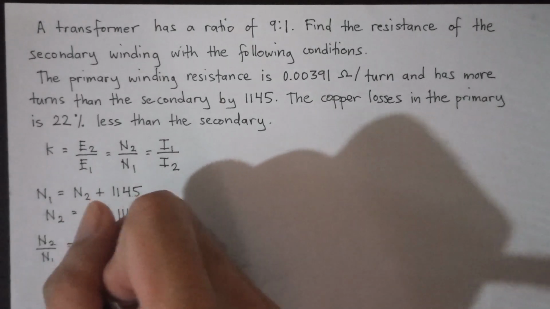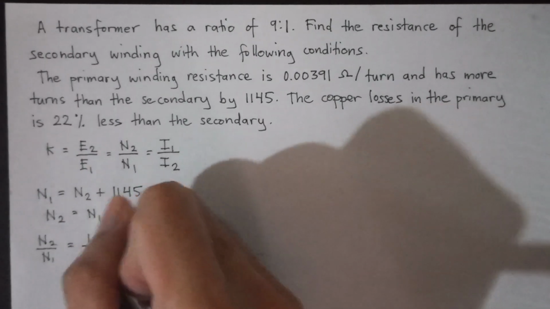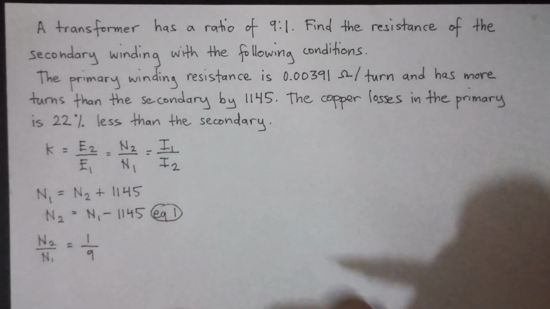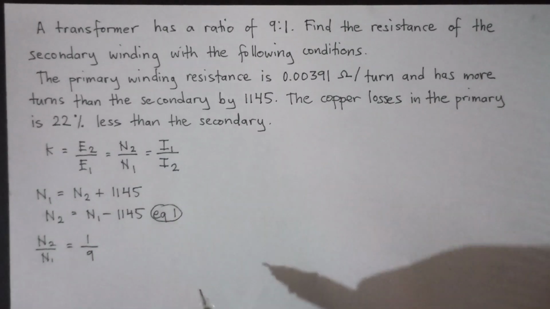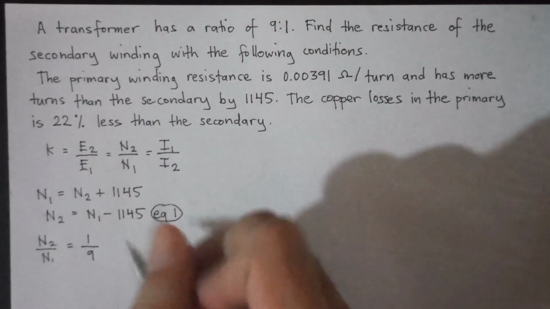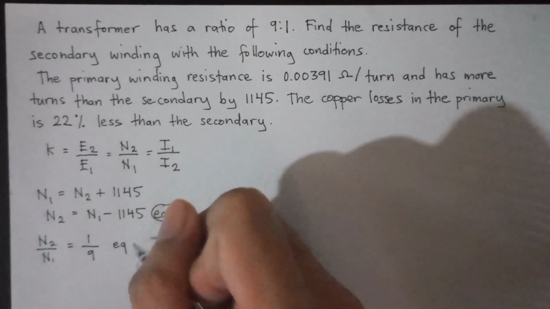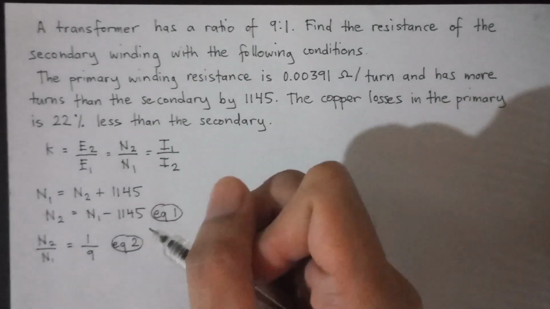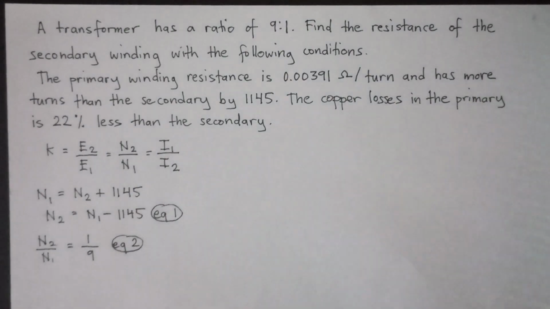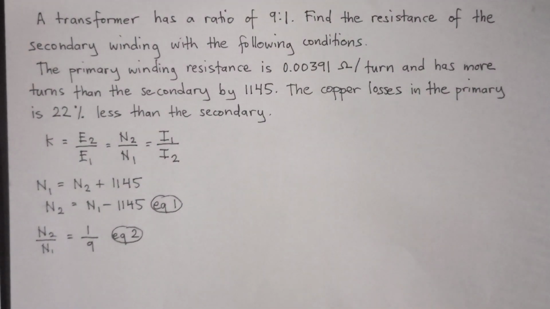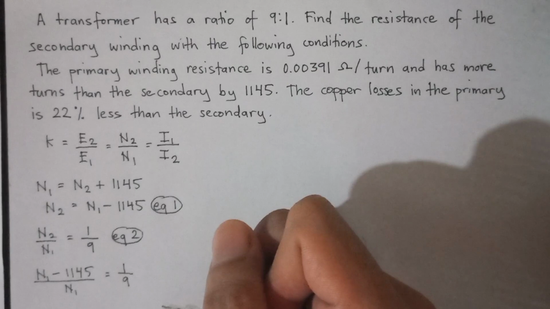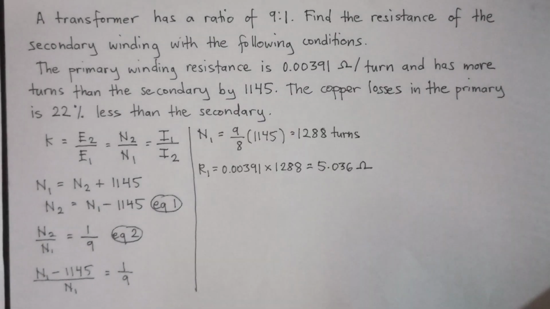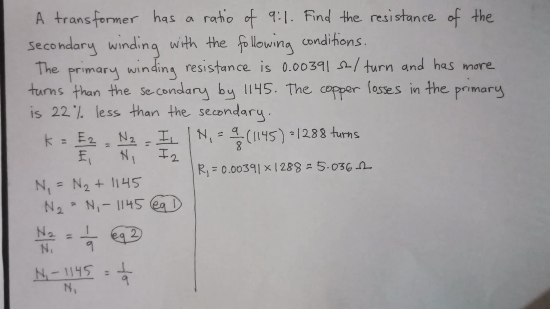So that is 1 over 9, not 9 over 1. Let's say this is our equation 2. Substituting equation 1 into equation 2 to solve for the turns in the primary winding, we get 9 over 8 times 1145, that is equal to 1288 turns.